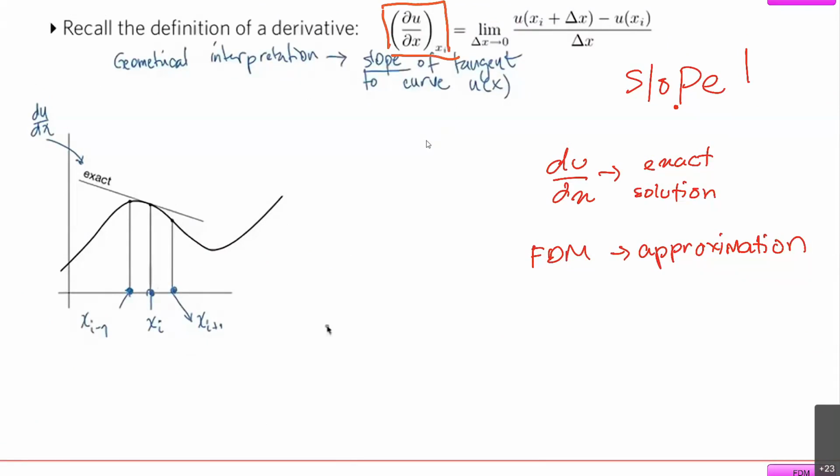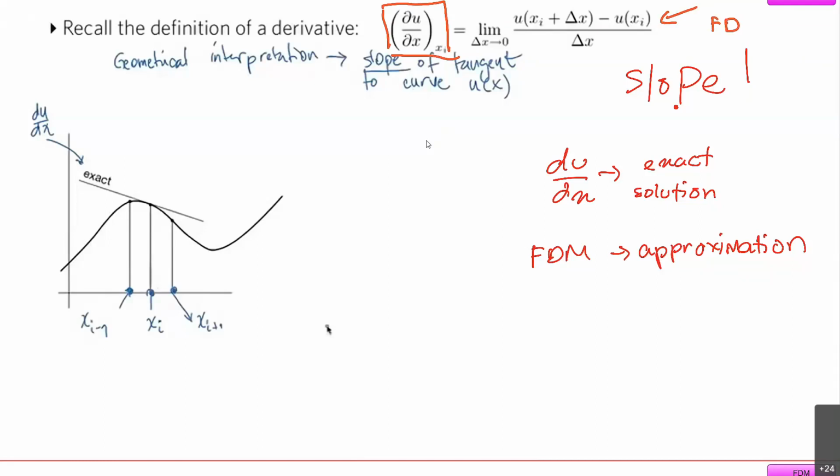And du dx can be approximated as the limit of delta x approaching 0. It can be defined as the following function. If you look at the function given here, this is quite similar to what we looked at before, in terms of finite difference, FD.